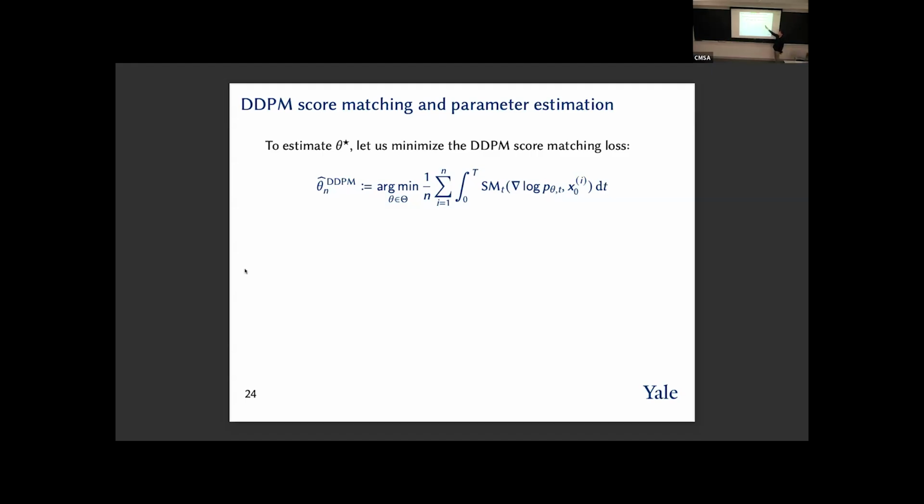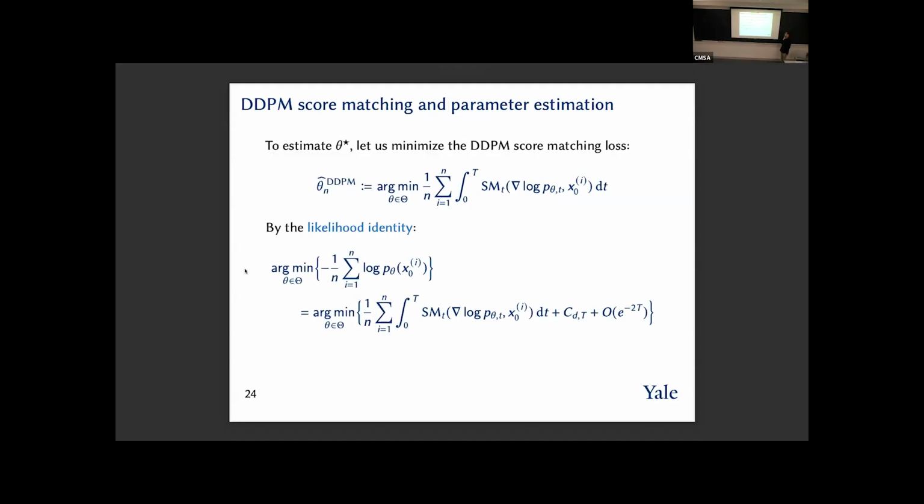Here, because we're in a parametric setting, I'm saying let's learn a single value of the parameter theta that will minimize the score matching loss, where all the score functions are enforced to be consistent with the same theta. So this would be a natural estimator for the parameter using DDPM.